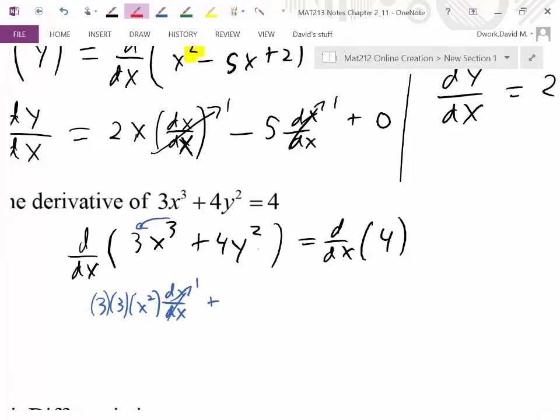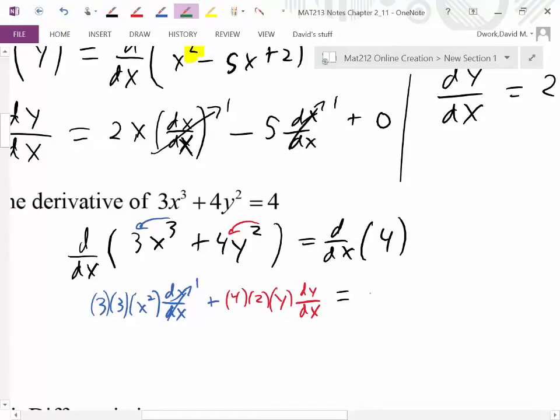How do you do the derivative of something squared? Well, you bring the 2 out to the front, so it's going to be 4 times 2 times, leave the junk alone, so it's just y to the first. But then we have to do the derivative of y, which is dy dx. So there's our implicit differentiation for the term with the 4y squared. Then finally, the one that we always goof up, what is the derivative of 4?